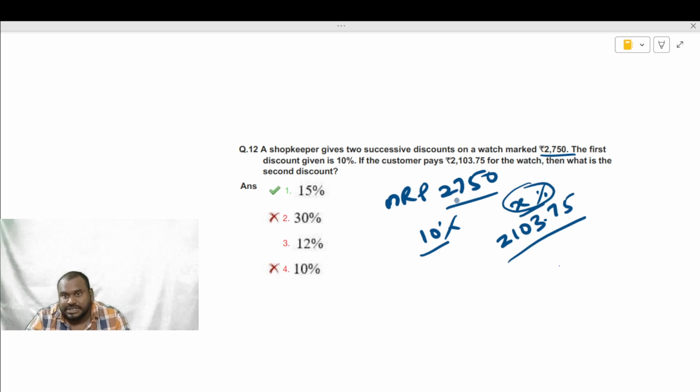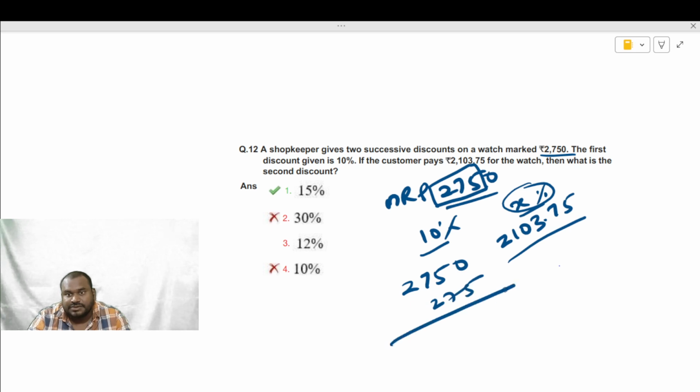So what is 10% of 2750? 275 will be subtracted from 2750. There is a mistake, I believe.